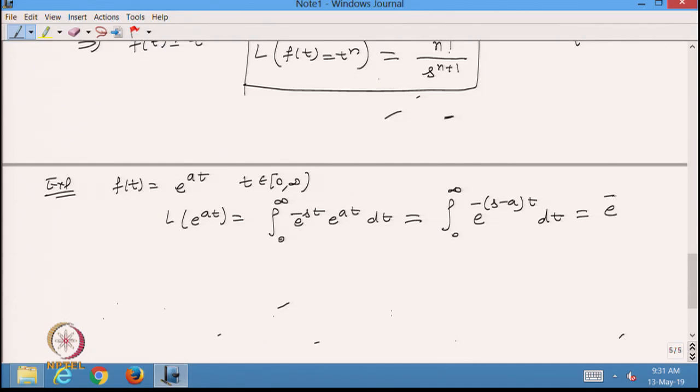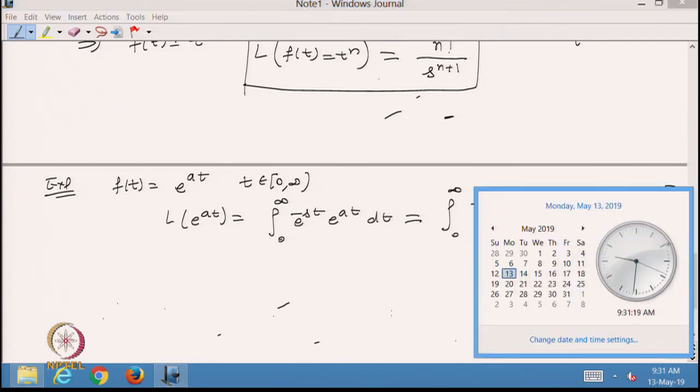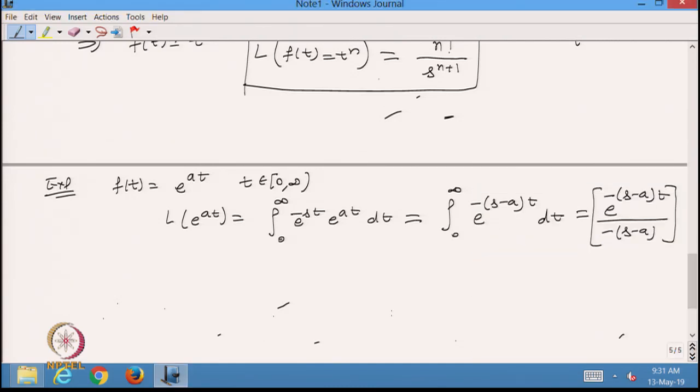And this will be e raised to minus (s minus a) t over minus (s minus a), and then putting the limit 0 to infinity. I just take the common s minus a and then put the limit.